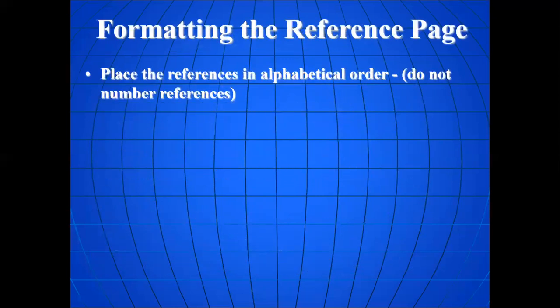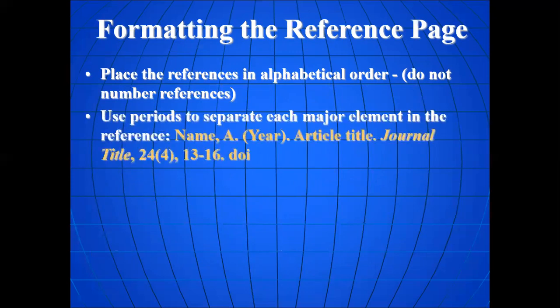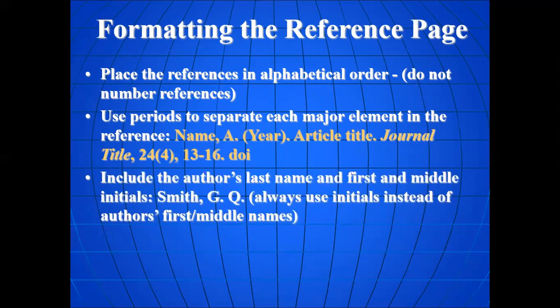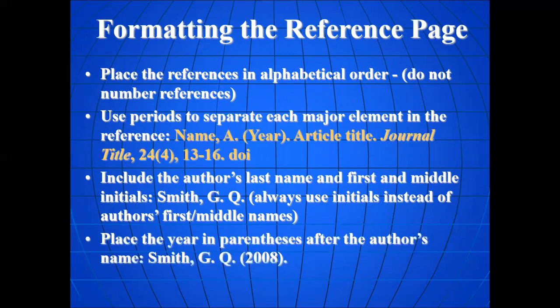So this place here has more information about formatting the reference page. Don't use numbers. Here are some other tips: you just use the initials, first and middle name initials, but don't spell out the name.